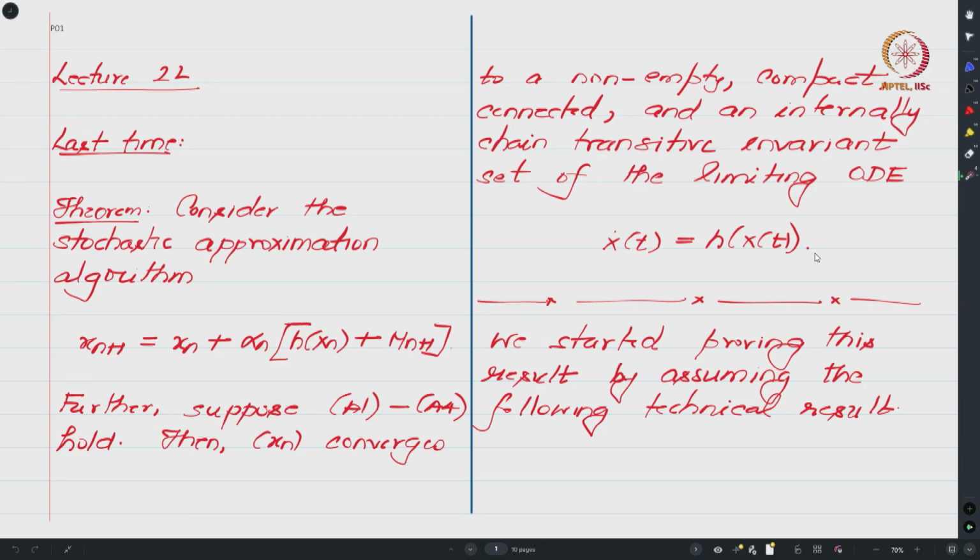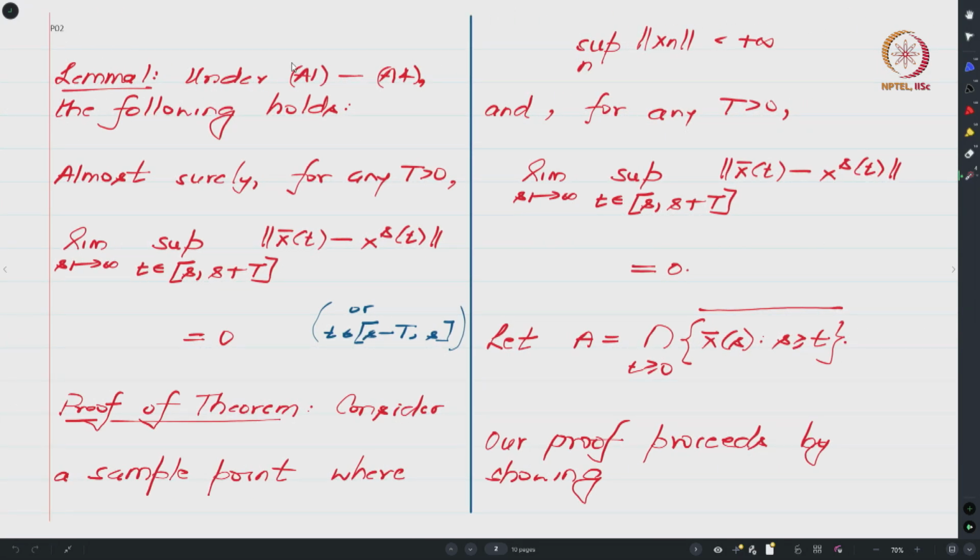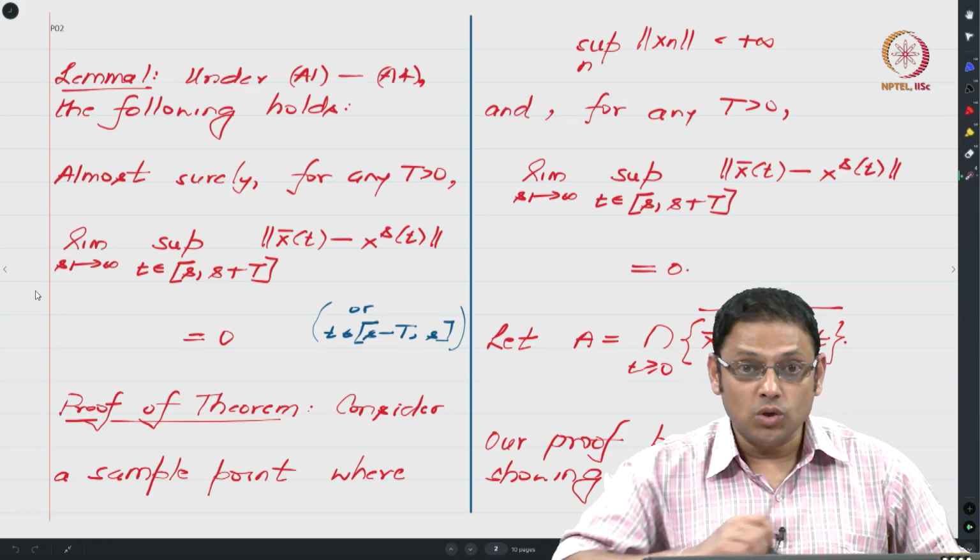And towards proving this result, we assumed the following technical result, which said that if these assumptions A1 to A4 hold, then almost surely for any t bigger than or equal to 0, the distance between the linearly interpolated trajectory and the solution of the ODE, which is started from the value of the linearly interpolated trajectory at time s, the distance between them over this window goes to 0 as s tends to infinity.